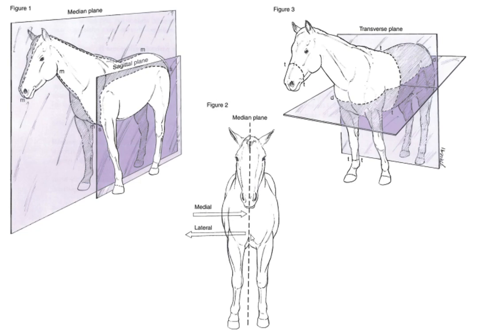Where there is a structure, on the other hand, or a surface you want to describe that is going outward, or in the opposite direction of the median plane, we call such a surface or structure lateral. So these two terms are very important to know and memorize.